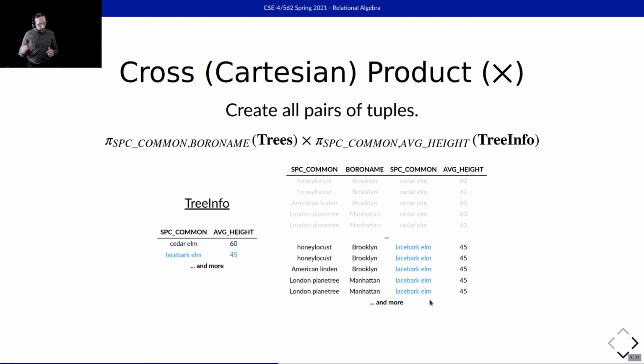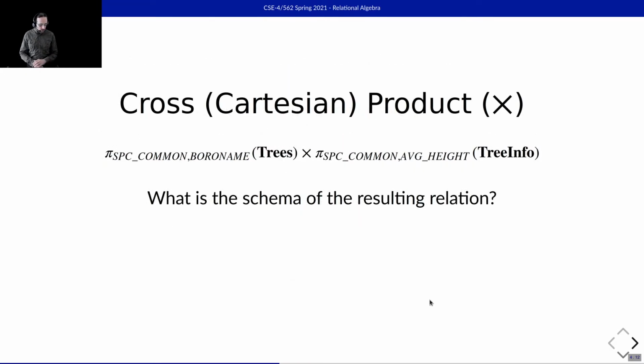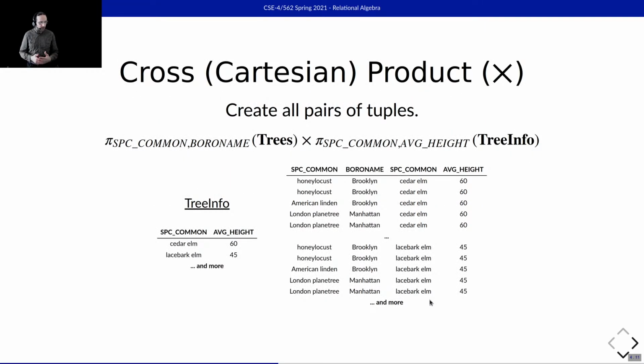Then I'm going to take the next row of the tree info table and pair it up with every single one of the inputs from the trees table. I'm going to keep doing this until I get to the end of the tree info table. So literally, the Cartesian product creates every possible pairing of tuples from the two input relations.